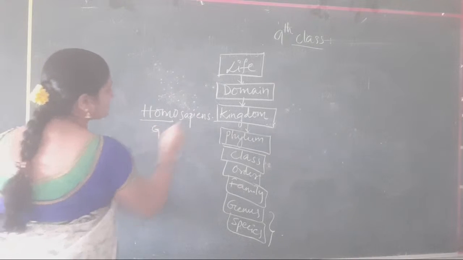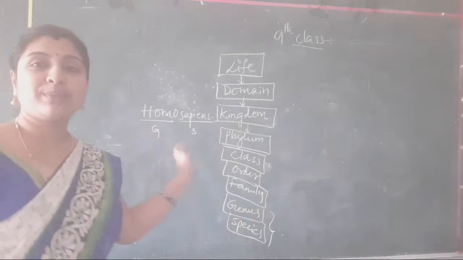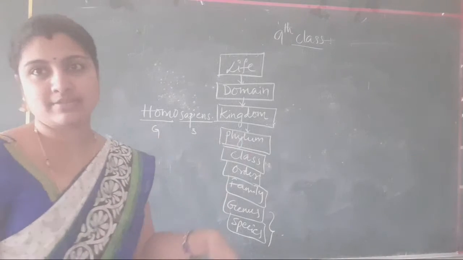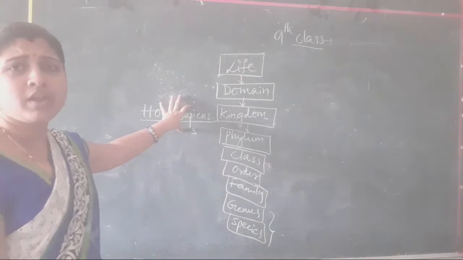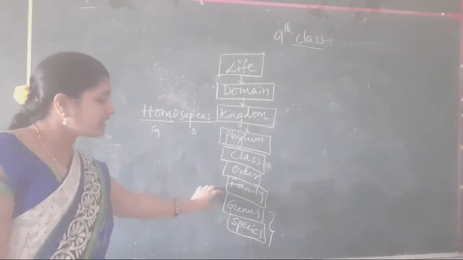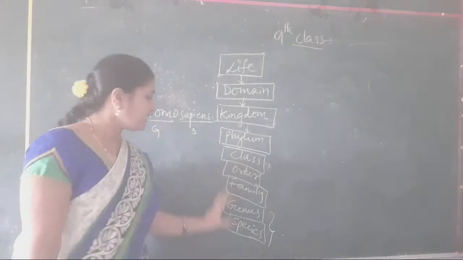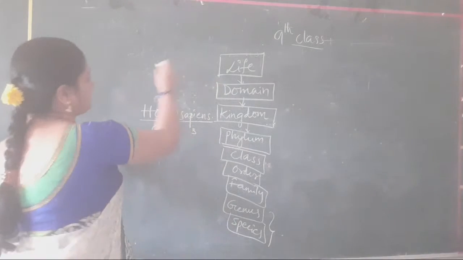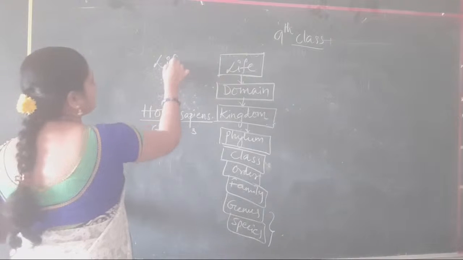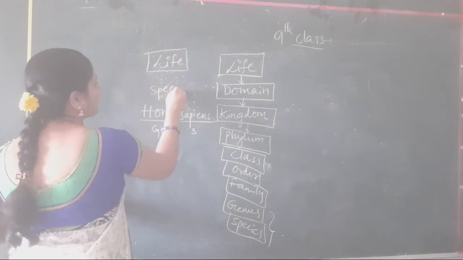Homo means genus, sapiens means species. Human beings are known as Homo sapiens. So from living organisms to genus and species, the first category is life and the last category is species.